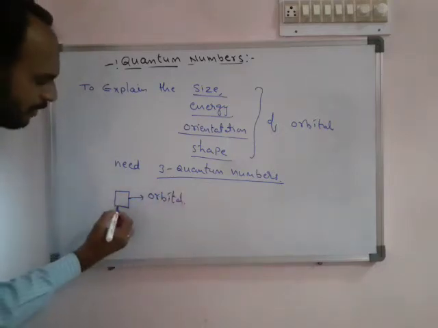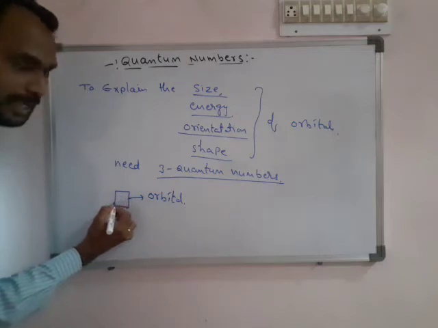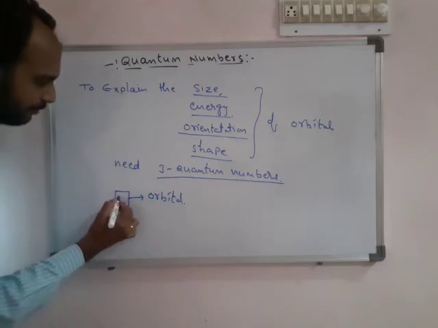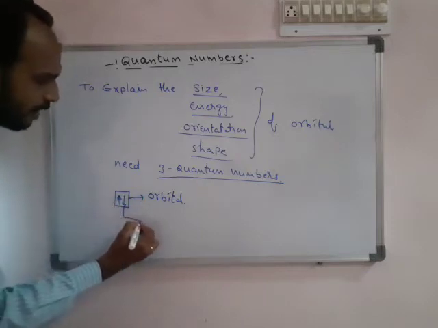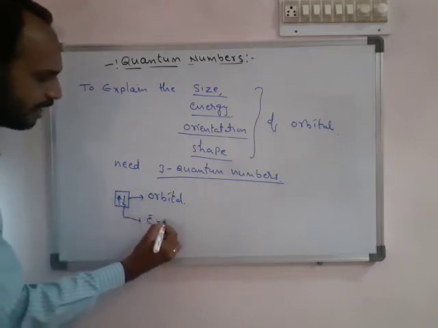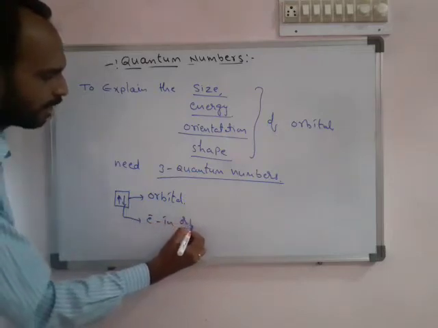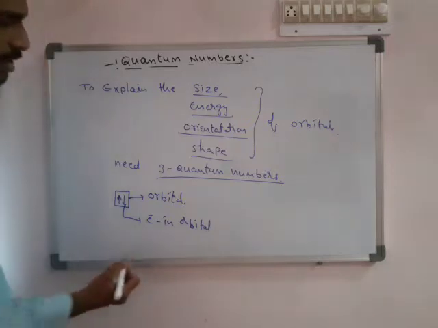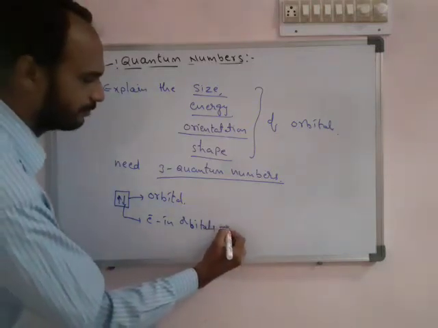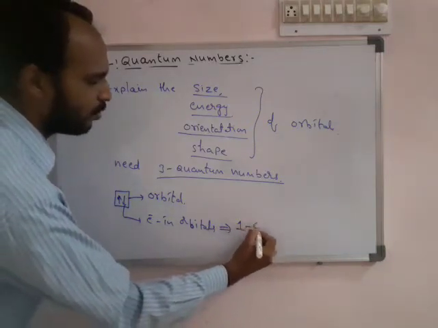How many electrons will be present there? Two electrons. So to know about these electrons in orbitals, we need one more quantum number.